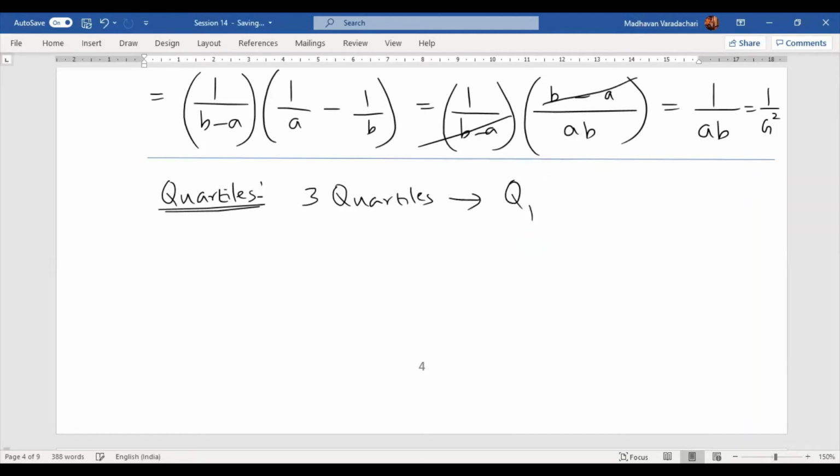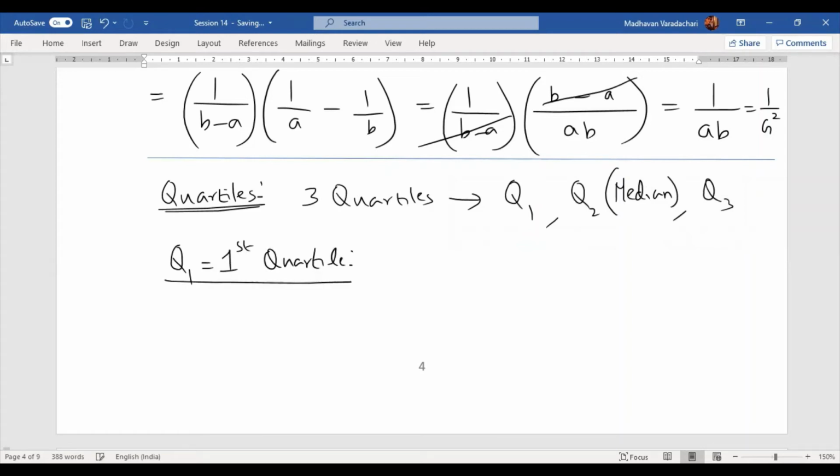Which are Q1, Q2. Quartile 2 is also called the median. And then quartile 3. So how do we evaluate quartiles? Quartile 1, or first quartile. Again, it is very similar to calculation of median.